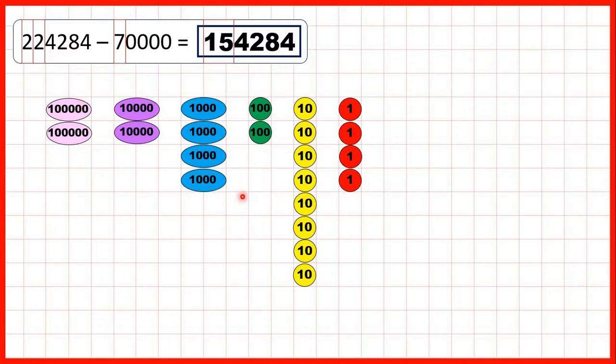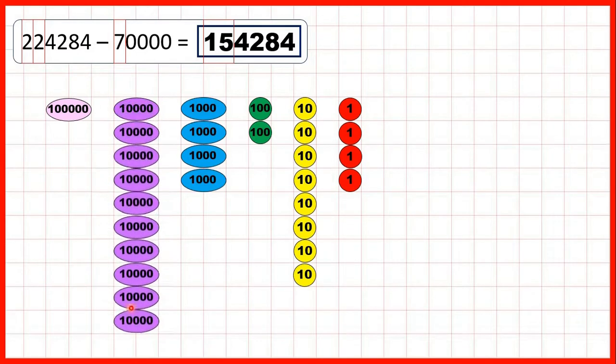But then here, we started with 224,284, which we've represented here. But we needed to subtract 7 10,000s, and we only had 2. Now what we can do is take away 1, 2 of our 10,000s, then we can exchange one of our 100,000 counters for 10 10,000 counters, because 10 10,000s has the same value as 100,000.